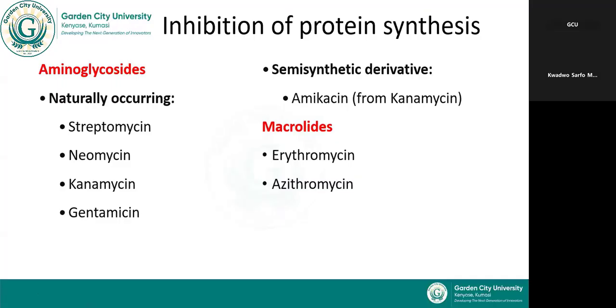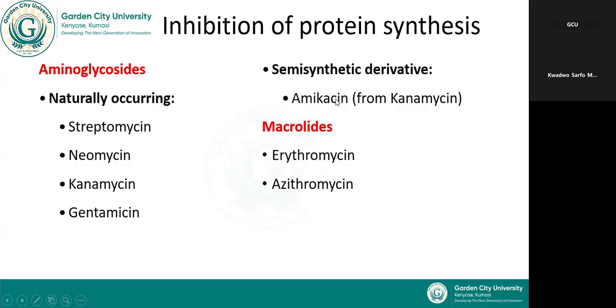For those that inhibit protein synthesis, we have the aminoglycosides and the macrolides. These are antibiotics that occur naturally, and are produced from other microorganisms. So streptomycin, neomycin, kanamycin, gentamicin. Macrolides can also inhibit protein synthesis.